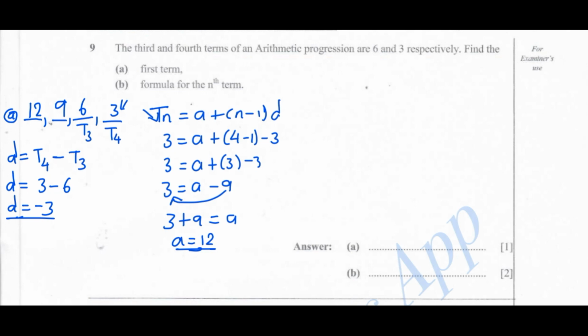Then we can move on to question B, the formula for the nth term. Whenever we are looking for the formula, we write the actual formula. The concept here is that whenever you are solving for the formula for the nth term, you don't substitute any value for n. So Tn is equal to a, our first term, which according to the data is 12, plus n minus 1, then our common difference, which is negative 3.